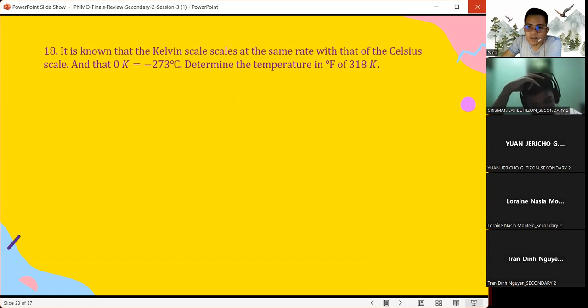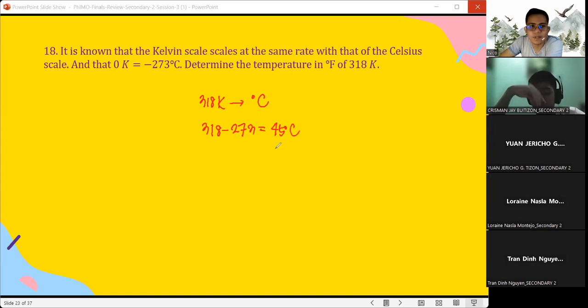So in this one, you need to convert it from Kelvin to Celsius first. How to convert that? You simply do 318 minus 273. So that's 45 degrees Celsius, right? Now, how do we convert from Celsius to Fahrenheit?